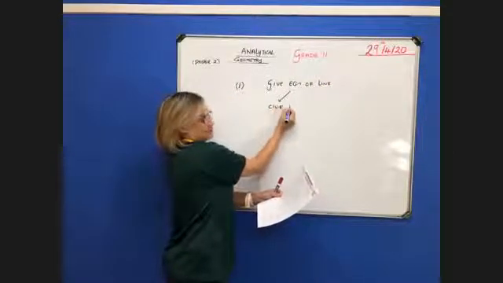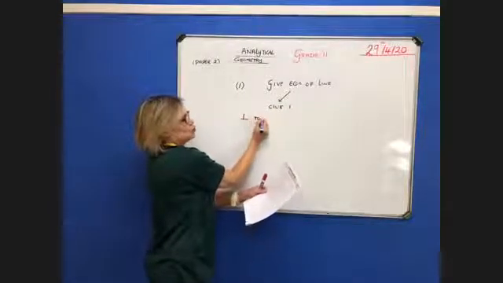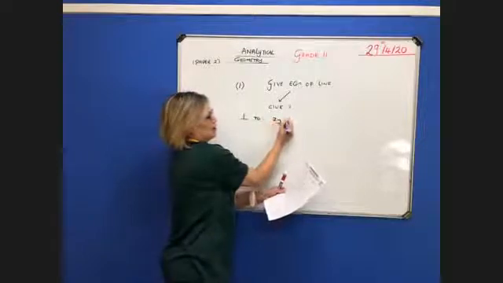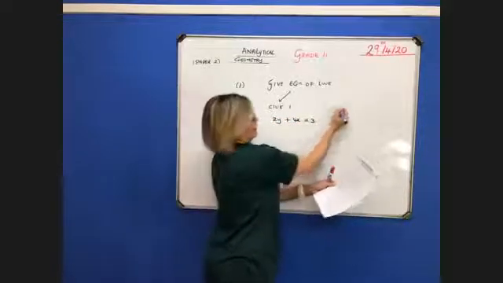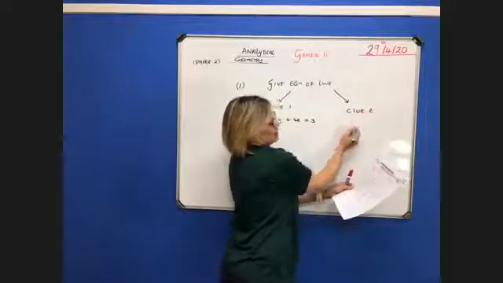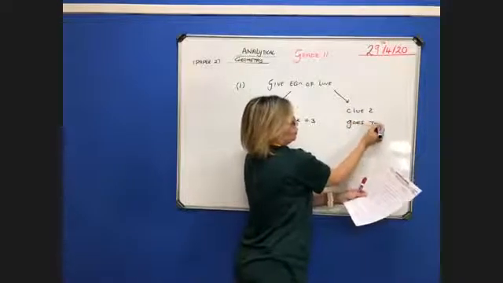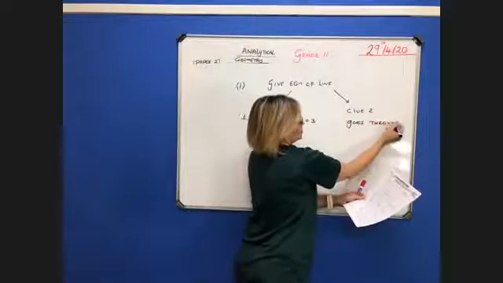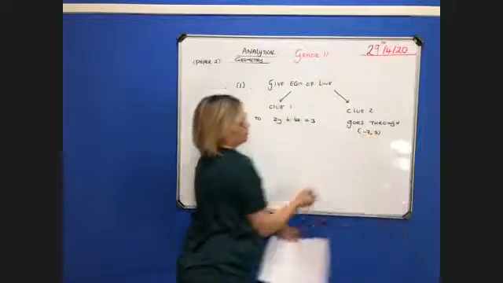Clue number 1, they said, my line is perpendicular to this line, 2y plus 4x equals 3. And clue number 2, they told me that my line goes through the coordinate (-2, 3).